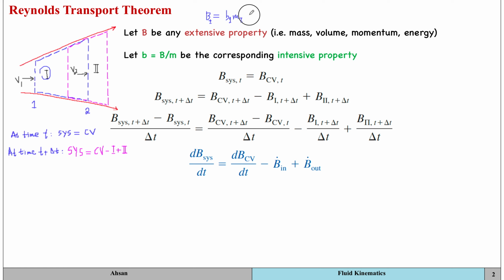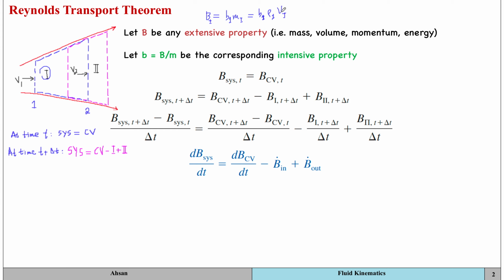And then I could simplify this further, because mass I could write in terms of density and volume, because density is equal to mass by volume. So mass is going to be equal to density multiplied by the volume of this section 1 at t plus delta t.